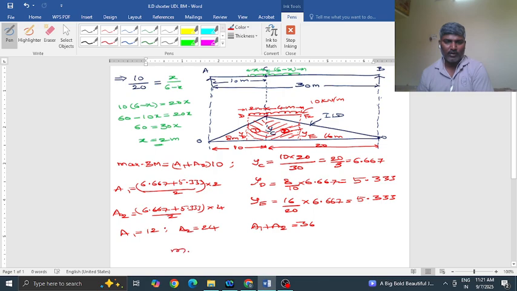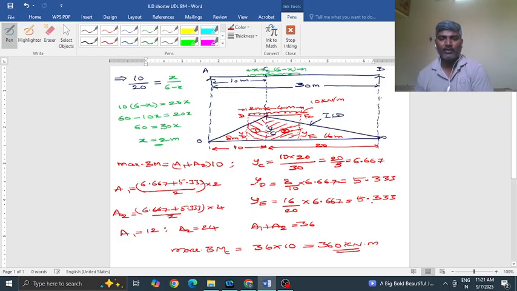Now the maximum bending moment at C is 36 into 10, which is 360 kilonewton meter. This is the maximum possible bending moment at C when this UDL travels from left to right.